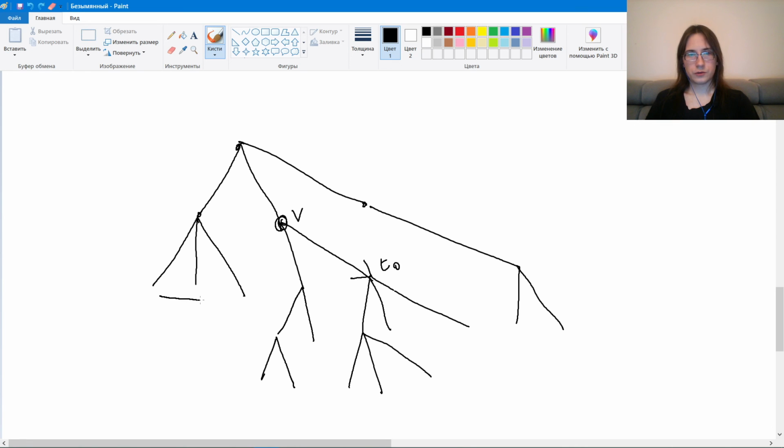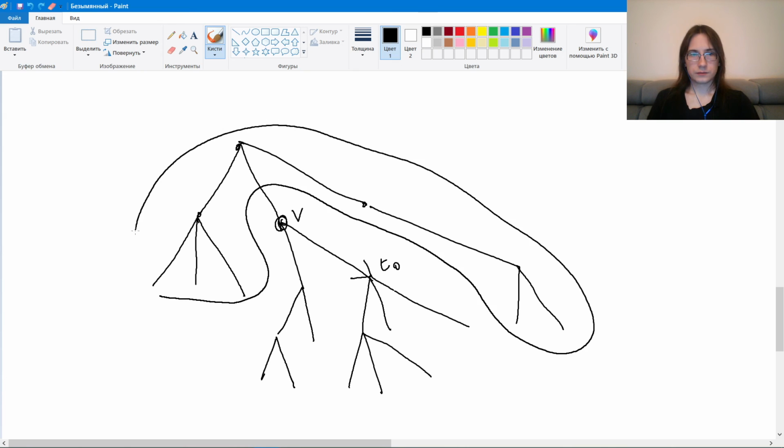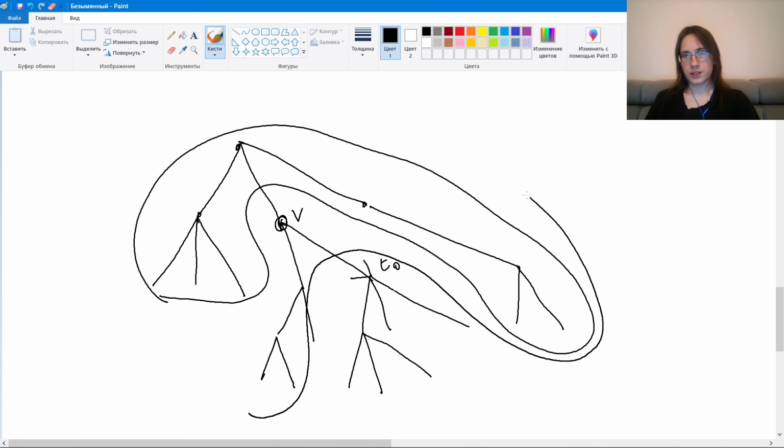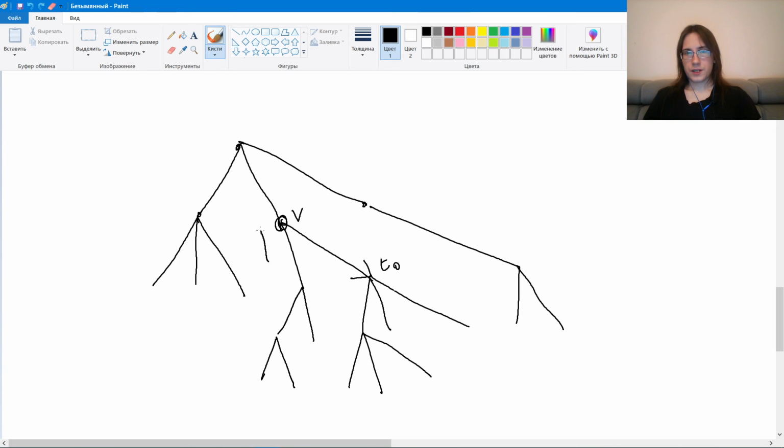So first of all, the distances that used to be in the supertree of v will now still be in the supertree of 2, but will be increased by 1. So let's increase all those distances by 1. Then we need to add all those distances from them to v to the set.